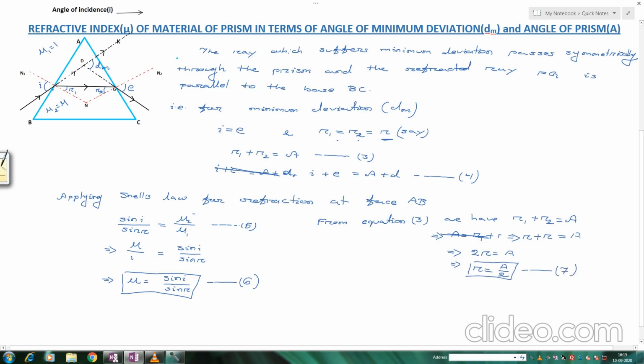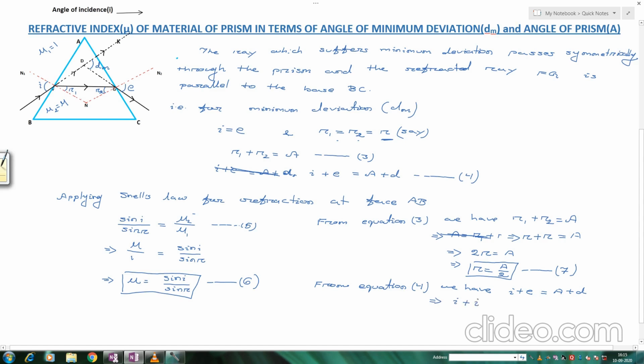Again, from equation 4 we have I plus E is equal to A plus D. But for minimum deviation position, I is equal to E, or angle of incidence is equal to angle of emergence.